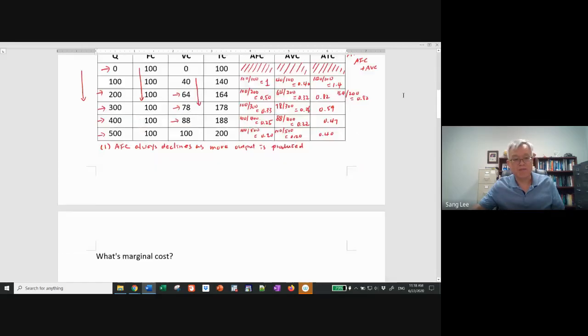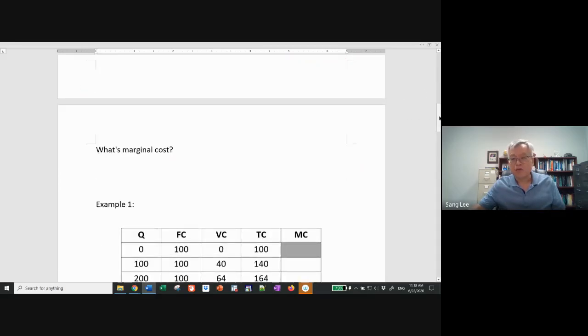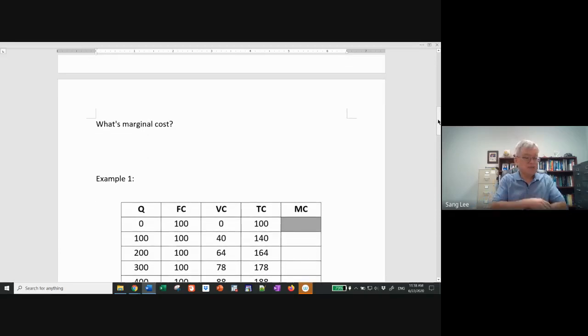Now, we're going to explore another interesting cost concept called marginal cost. So here, what do we really mean by marginal? Marginal means a small incremental change.